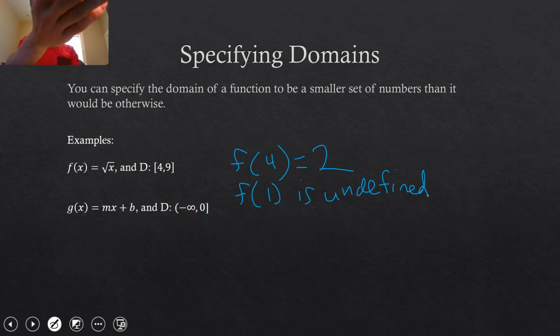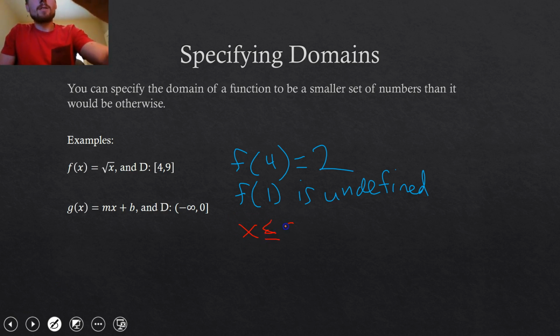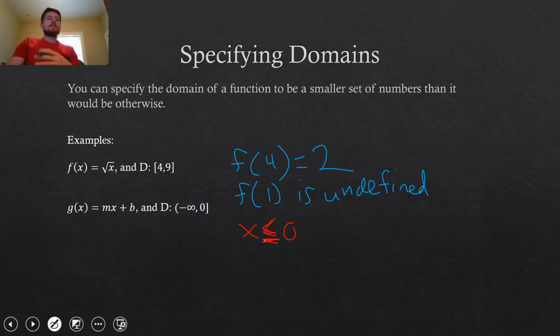You could take a linear function and say, all right, I want my linear function to go from negative infinity to 0, including 0. This is the same as x less than or equal to 0, so that's all the things from 0 to the left. That would be a perfectly fine function.